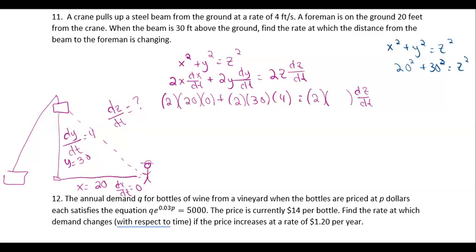So 20 squared plus 30 squared, that's going to be 400 plus 900 is equal to z squared. 400 and 900 is 1300 equals z squared. So that means that z would be the square root of 1300. I don't need the negative square root because it's a positive distance. It's not in the negative direction. So I don't need to consider the negative. So it looks like the square root of 1300 is what we want for z.